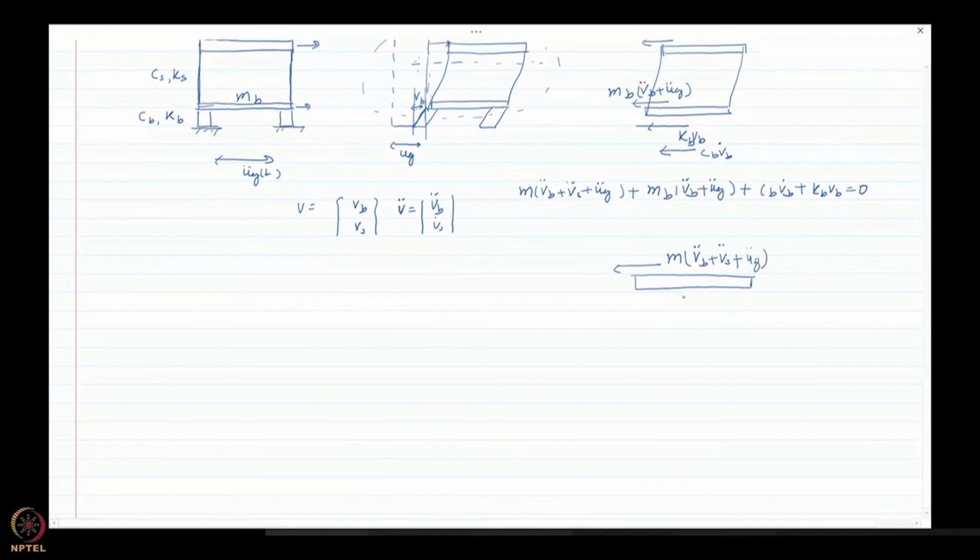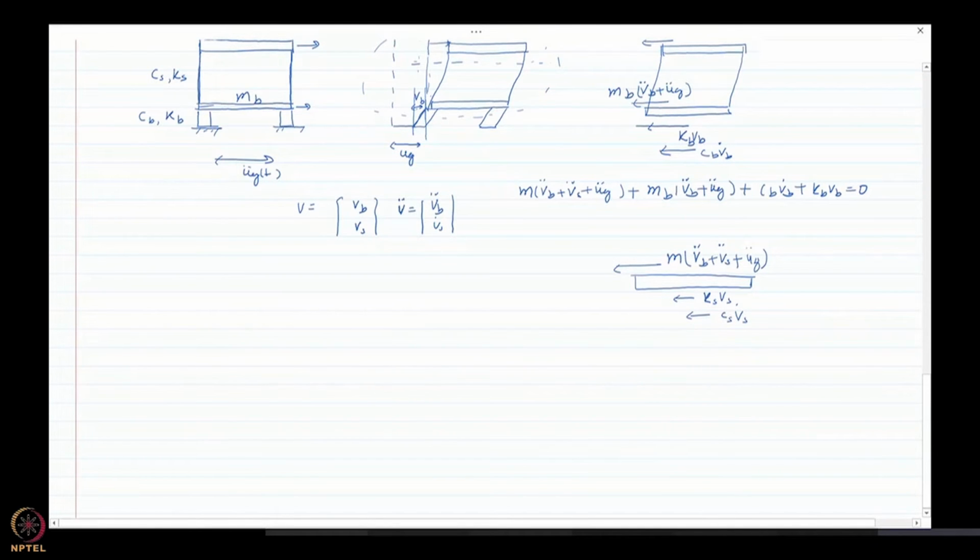And because we are considering only relative deformation, it would have Ks times Vs, because Vs is the drift of the superstructure. Similarly, the damping force as well, Cs times Vs dot.